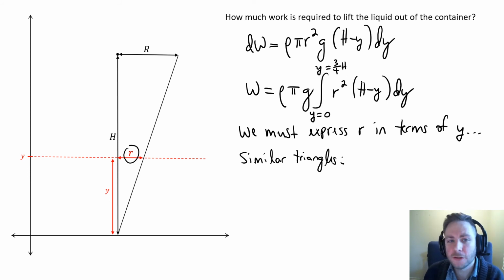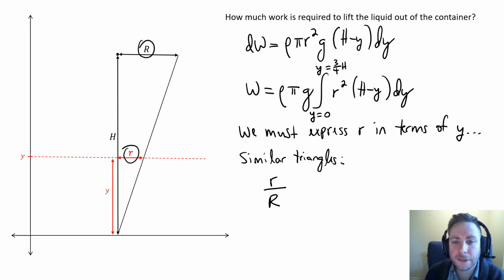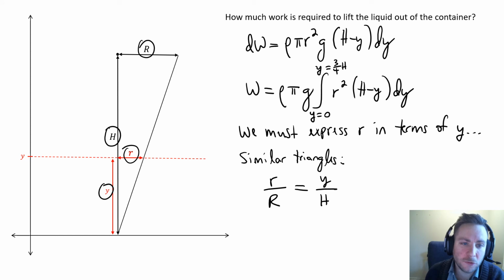Now from high school, you should know an important fact about similar triangles is that if we divide the length of any two corresponding sides, we always end up with the same value. So for example, if we divide these two corresponding sides, we get little r divided by big R. If we divide these other two corresponding sides, we get y divided by h. And for similar triangles, we know that these ratios must be equal.